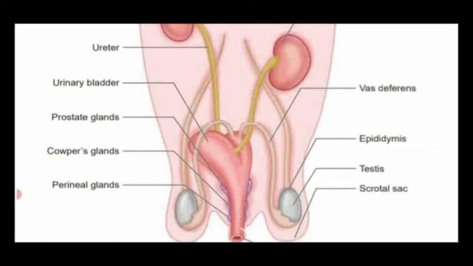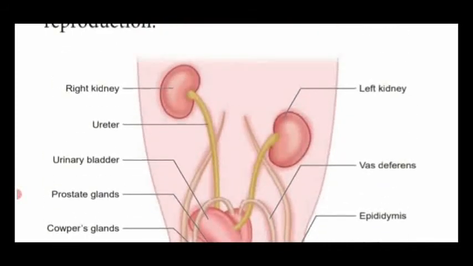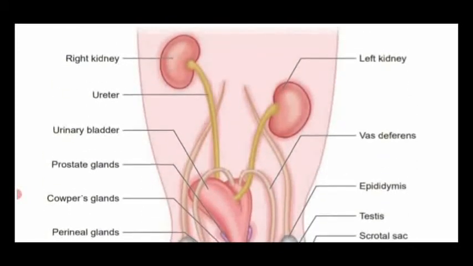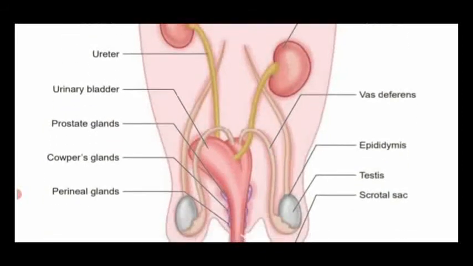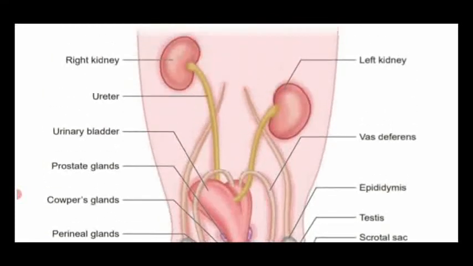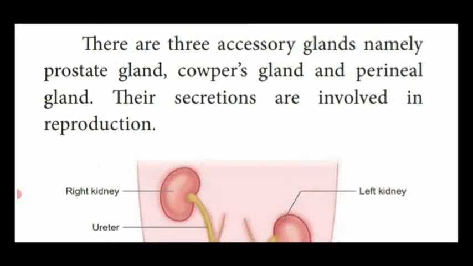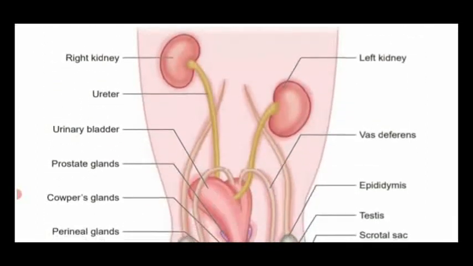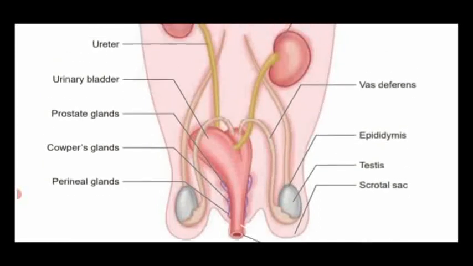So that is the male reproductive system in rabbit. It also has three types of glands present here: prostate gland, Cowper's gland, and perineal gland, which are violet in color, which secrete certain substances responsible for reproduction.